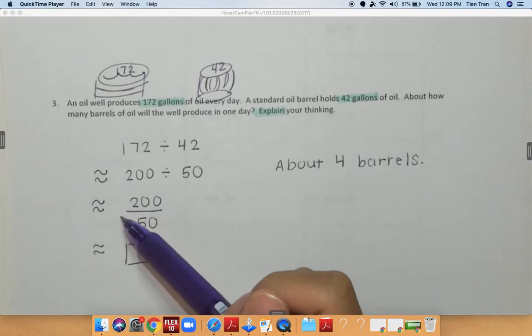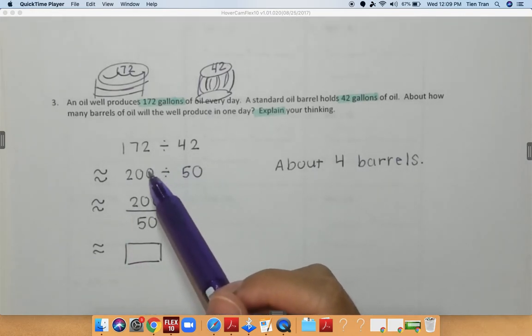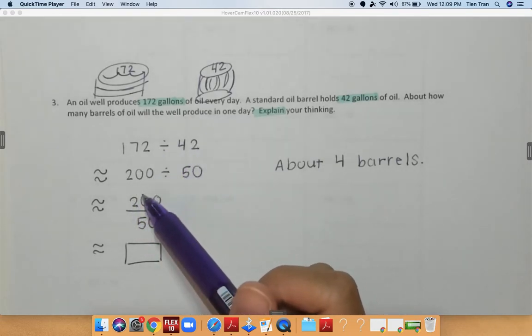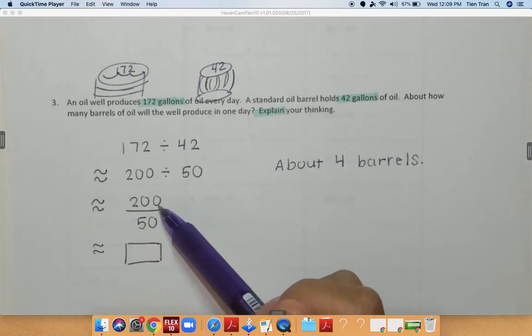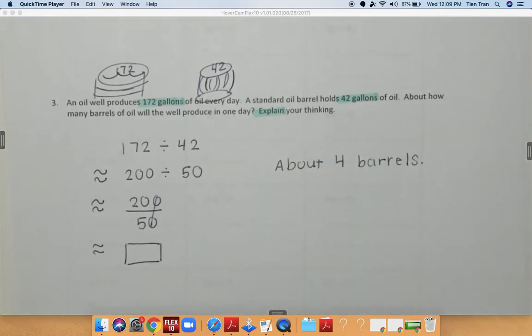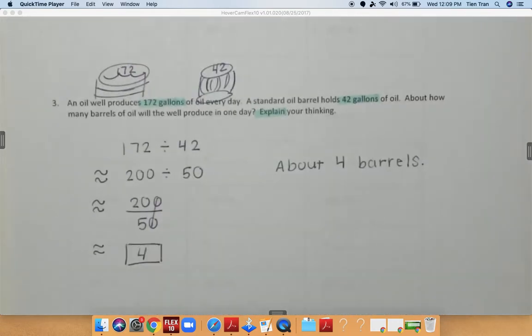Explain your thinking. So right here, we're dividing. We have 172, and we're going to round to 200, and 42 is going to be rounded to 50. So we have easier numbers to work with. I know that 200 divided by 50, I can cross off the zeros because 0 divided by 0 is equal to 0. And 20 divided by 5 is equal to 4.